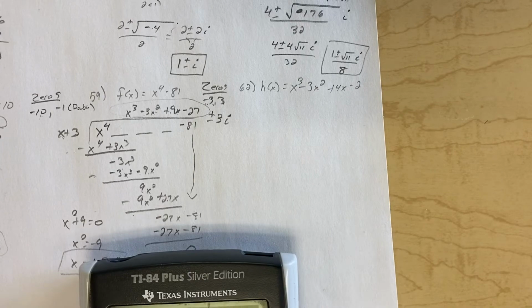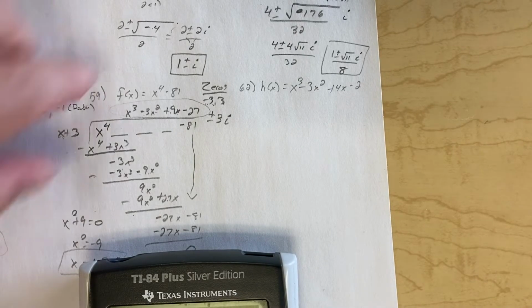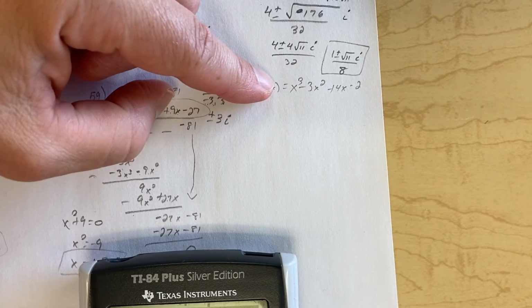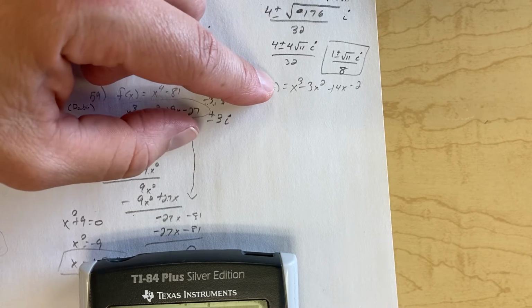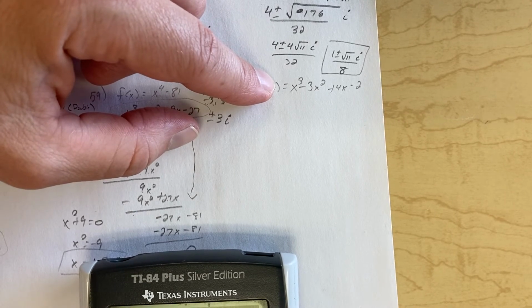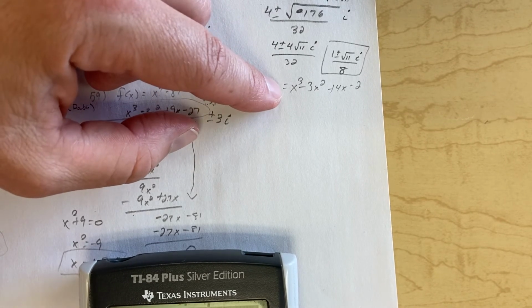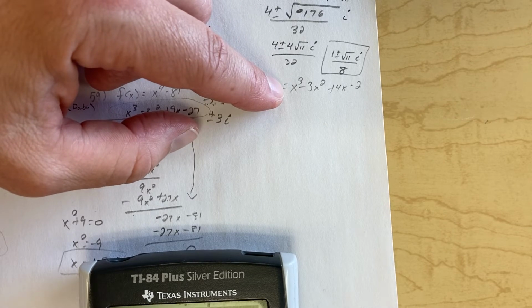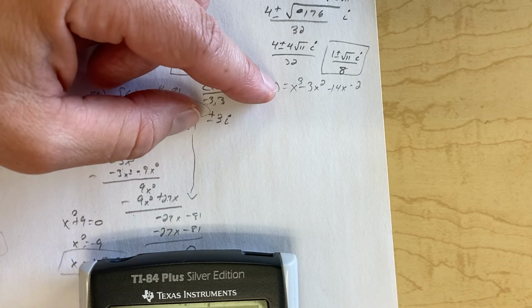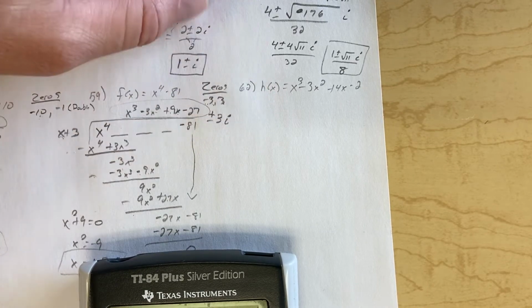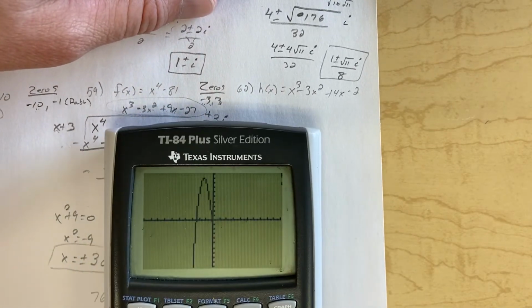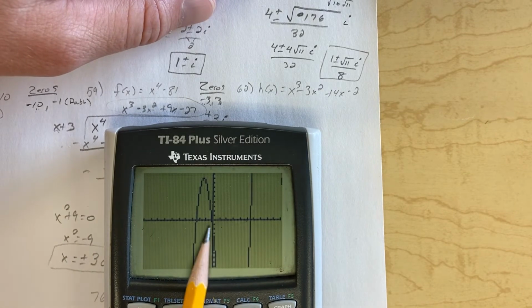All right, 62. Let's put this in. x to the 3rd minus 3x squared minus 14x minus 2. Okay. And zoom 6. And it looks like on our window, maybe we have something going on at 0.